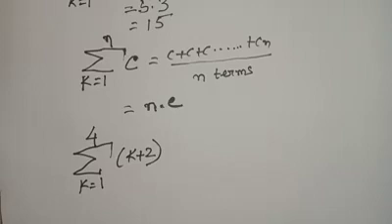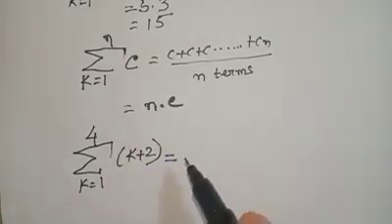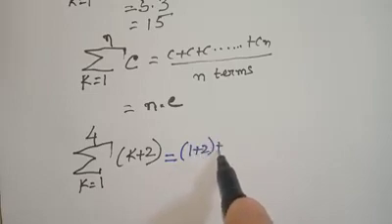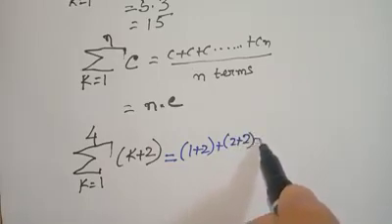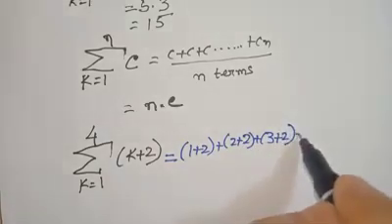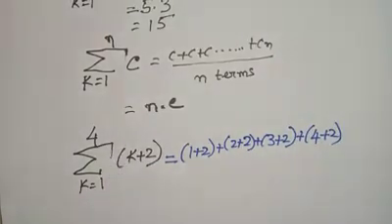What you see is that this can be further expanded. So let me first expand it. I'm starting with 1, so it would be 1 plus 2, plus 2 plus 2, then 3 plus 2, then 4 plus 2, and we stop at 4 because our upper limit is 4.